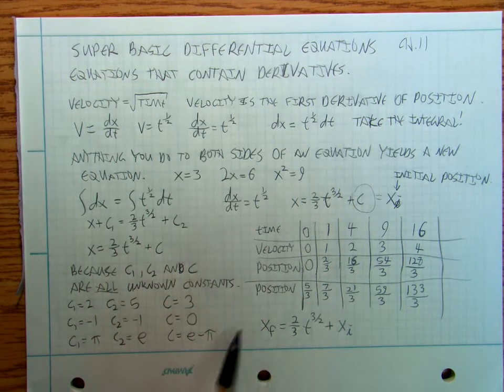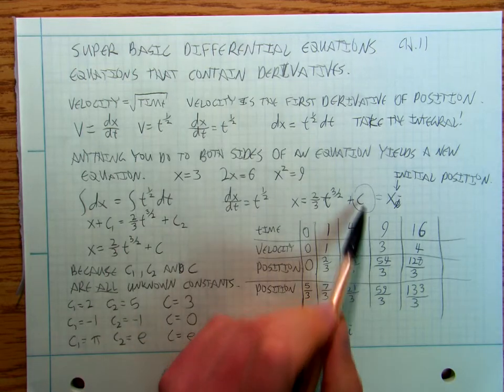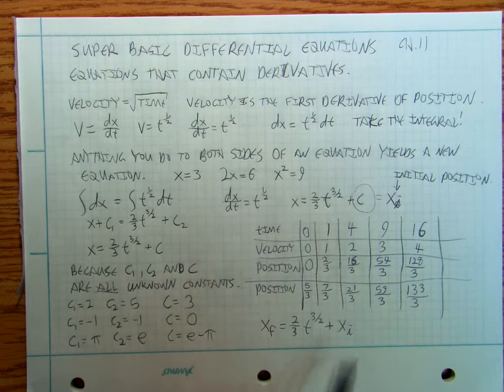The constant C is something that we just kind of throw around in calculus. It's really important, and when you start talking about actual applications, it has a meaning. And the meaning in this case is the initial position. The final position is that plus the initial position.